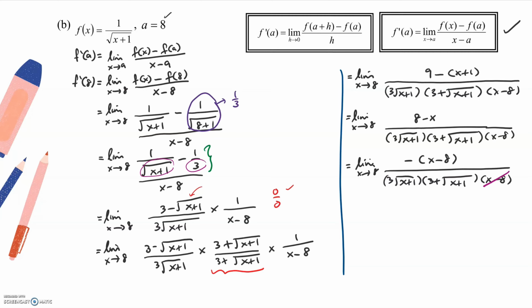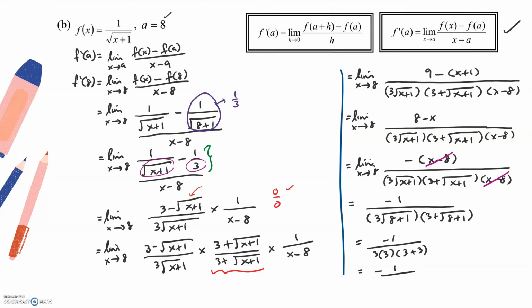Now we can cancel x minus 8. So we substitute x equals 8. So we have negative 1 divided by, we have negative 1 over 54.